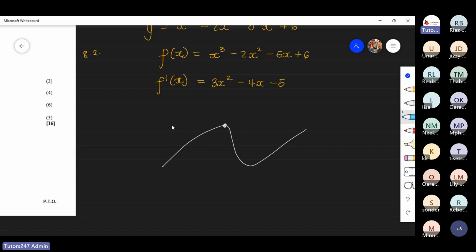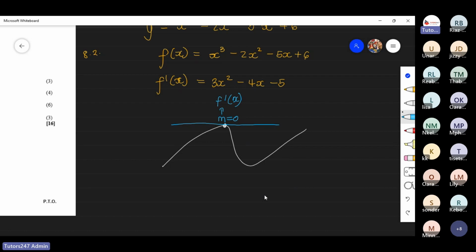If you draw a horizontal tangent at the maximum, the gradient at this maximum is 0. Another way of representing gradient is f prime of x, which we discussed in question 7.